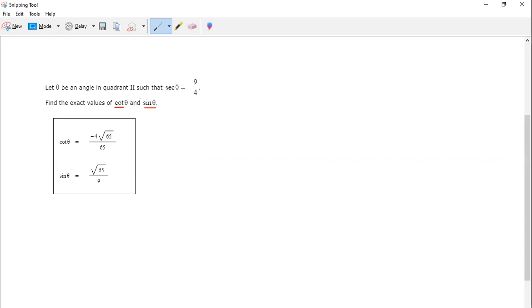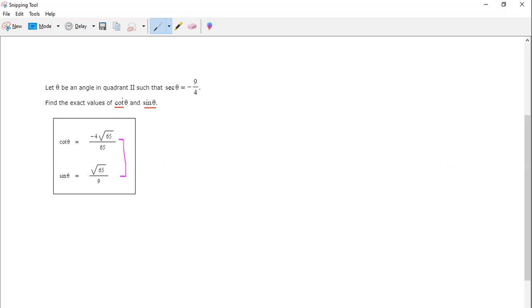This question type is not as difficult as the previous question type, but it does require some deductive reasoning. These are the answers here, and I'm going to show how we can work our way backwards to get to the same answer.